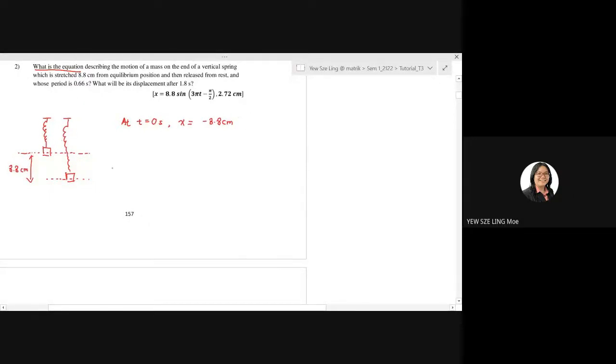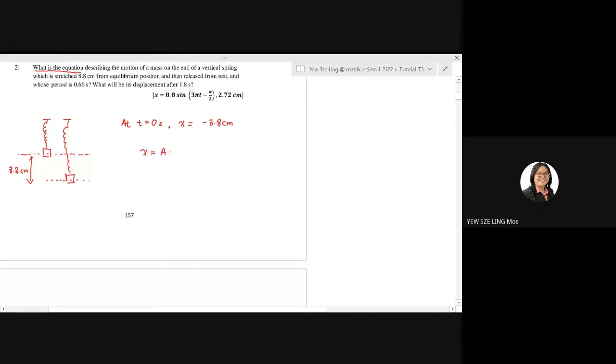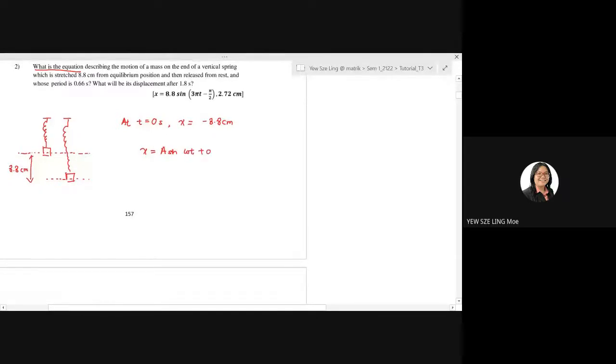Now we want to form equations, but before that, of course, we need to know the initial phase angle. So let's begin with the general equation: x equals A sine omega t plus phi. So at t equals 0, we have x equals negative 8.8 cm.